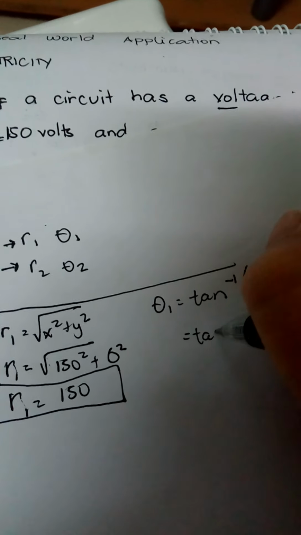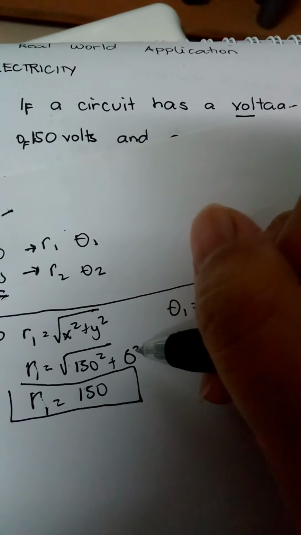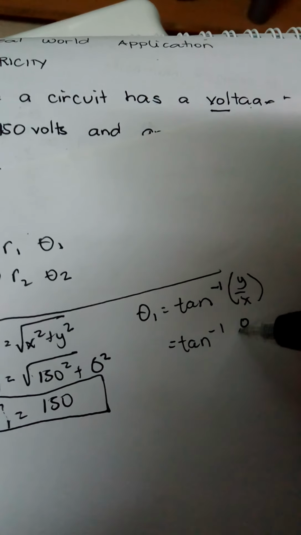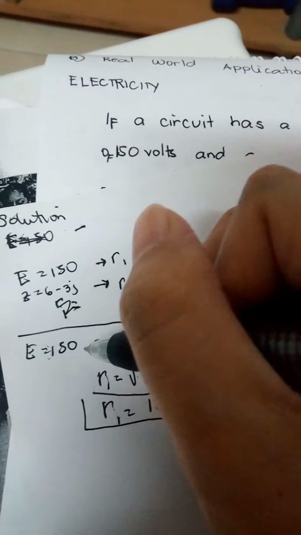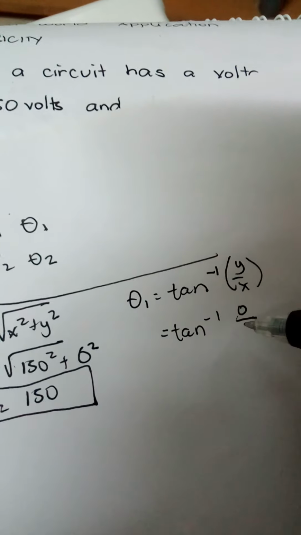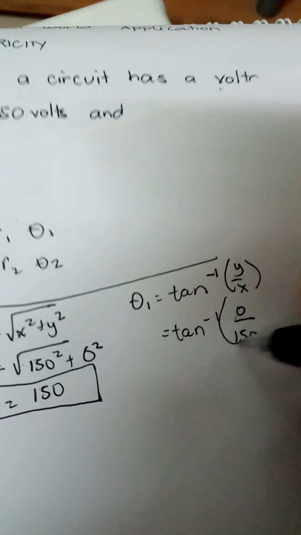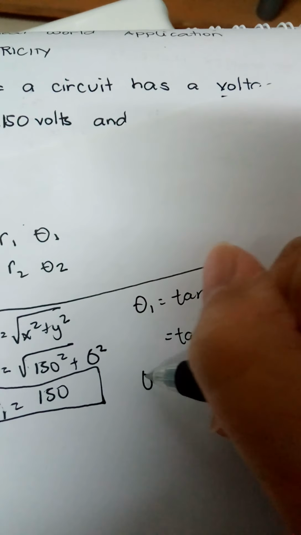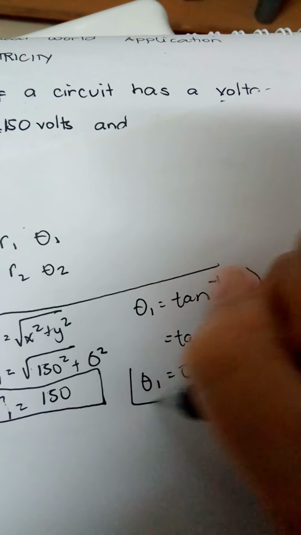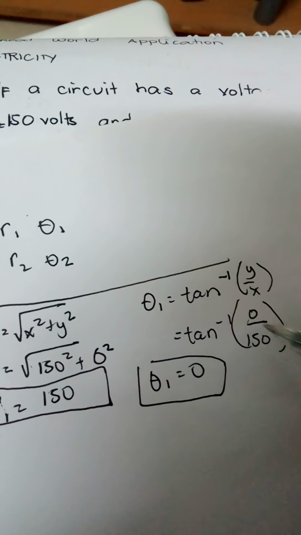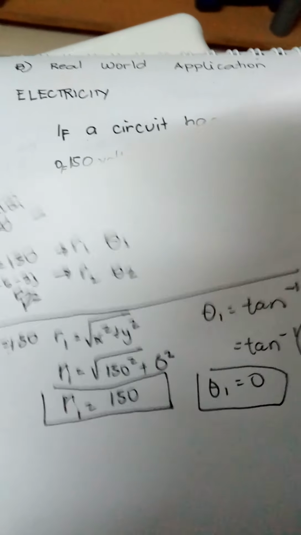So inverse of tangent, y is 0, you don't have, over x is 150. Theta 1 is equal to 0, because inverse of tangent of 0 over 150 is 0.